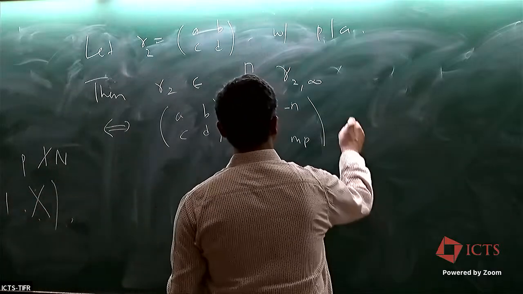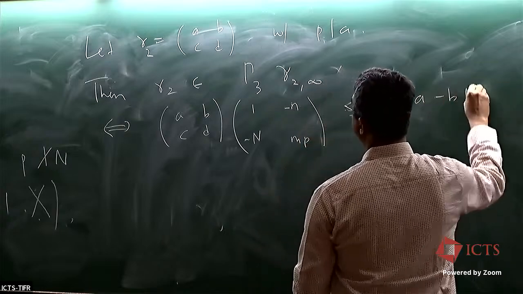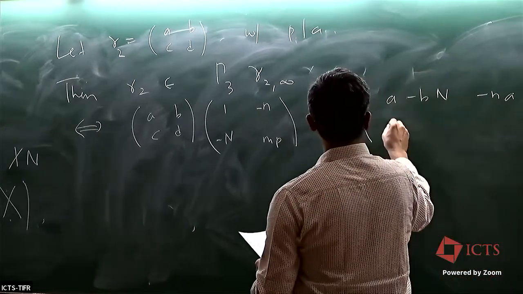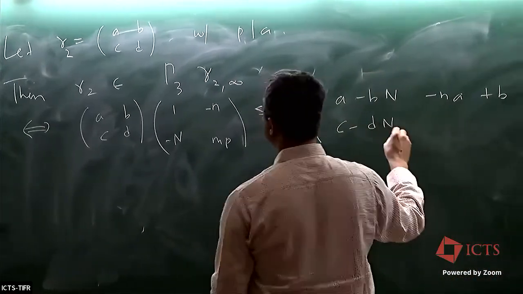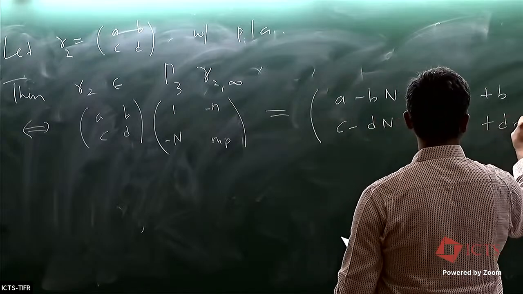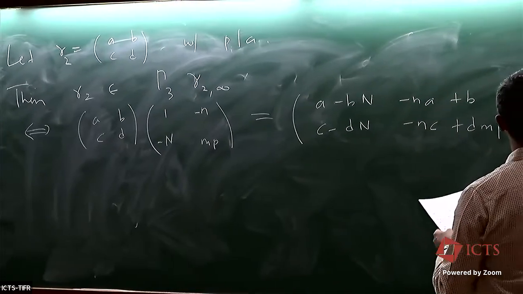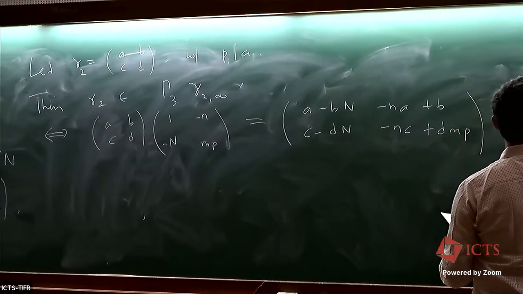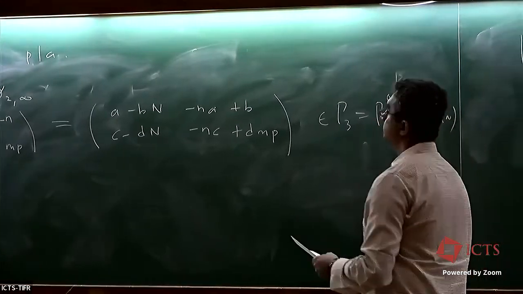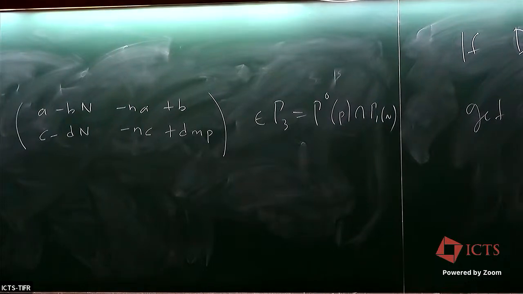And if you multiply this out, you get A minus BN, minus NA plus B, C minus DN, please check my matrix multiplication, minus NC plus DMP. This should belong to gamma 3, which I remind you for the second time, is gamma naught P intersected with gamma 1N. Right, this is what we have to check.